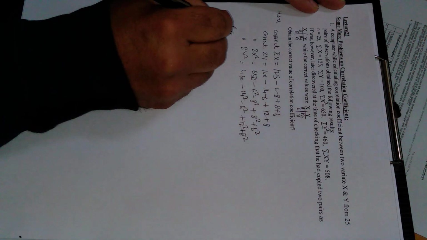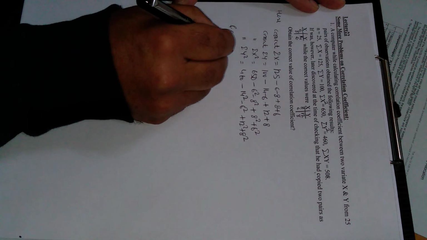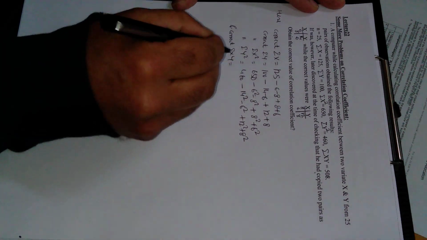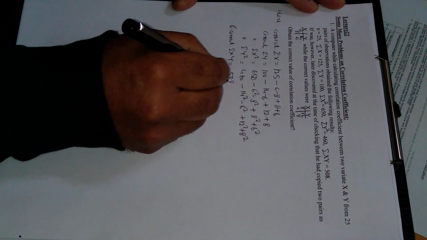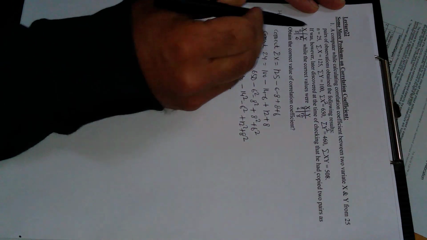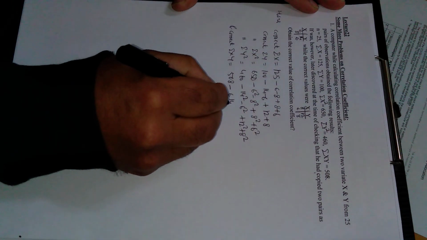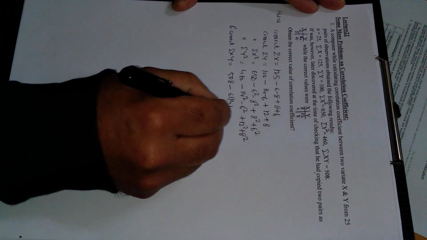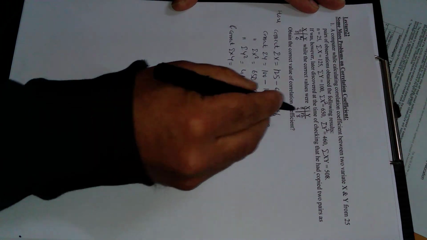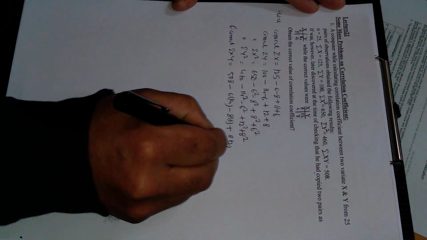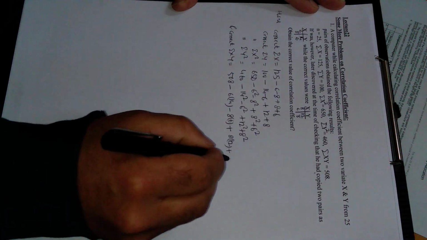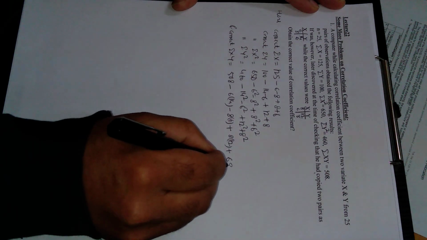And finally, correct summation xy, this is given to be 508. From here xy means corresponding multiplication: subtract 6 into 14 and 8 into 6, and add 8 into 12 plus 6 into 8.